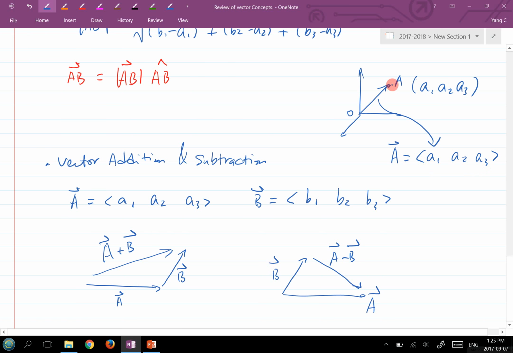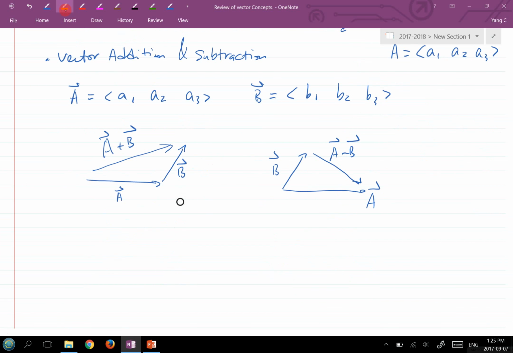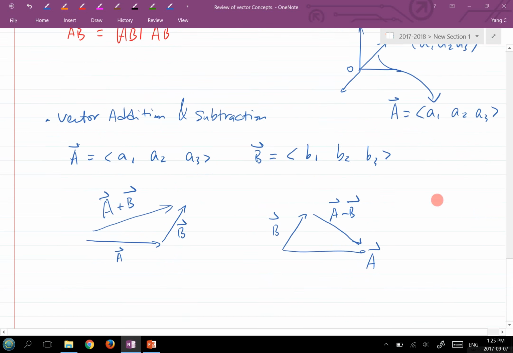The other way of writing the vector is A1 I hat plus A2 J hat plus A3 K hat. It's the same expression for this vector, just a different way of presenting it.